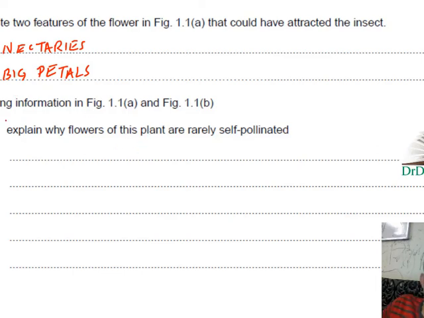Okay. Now the next is, using information in figure 1.1a and figure 1.1b, explain why flowers of this plant are rarely self-pollinated.